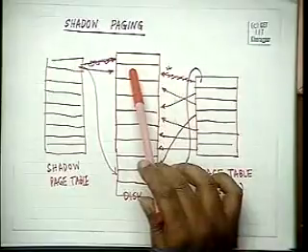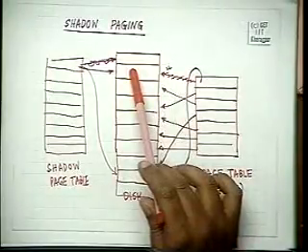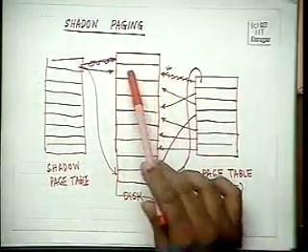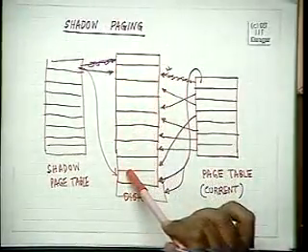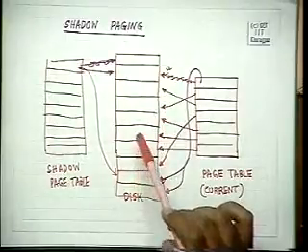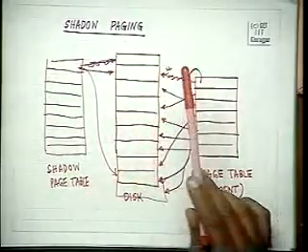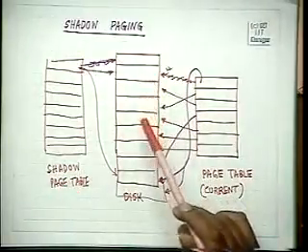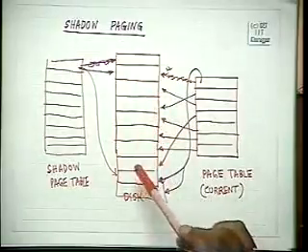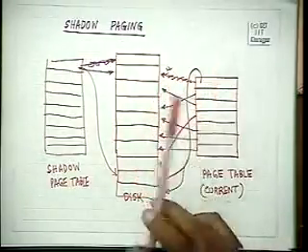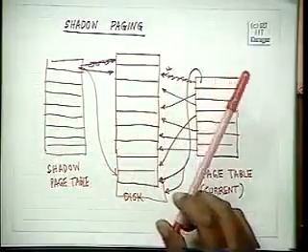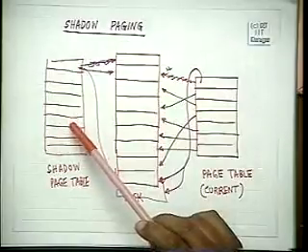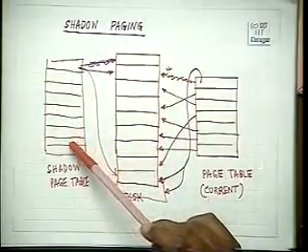For a particular database file or a database table, all of the records may initially be in a particular place, and due to this current page and shadow page movement, the whole database may be fragmented, and that may cause a lot of inefficiency, as we have seen in the case of a sequential file or an index sequential file. So shadow paging may be useful, and it actually depends on the application.